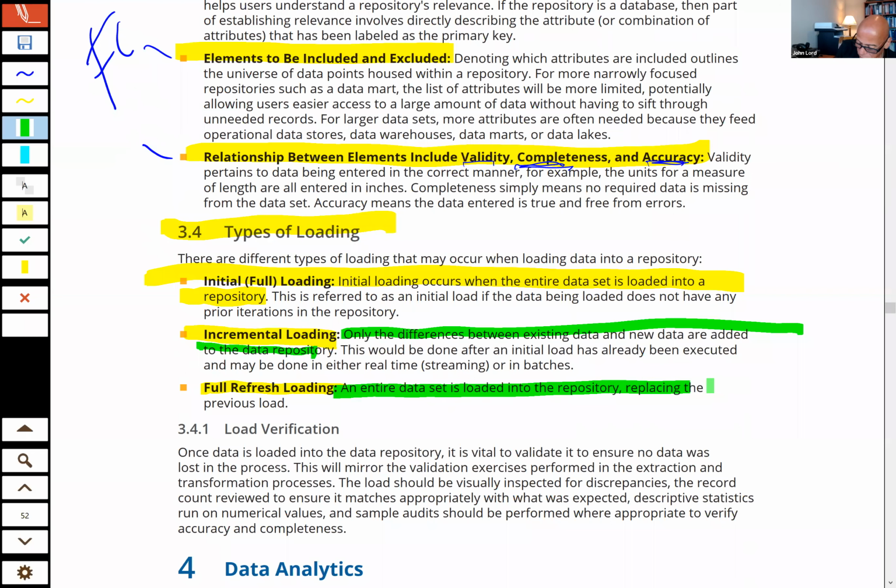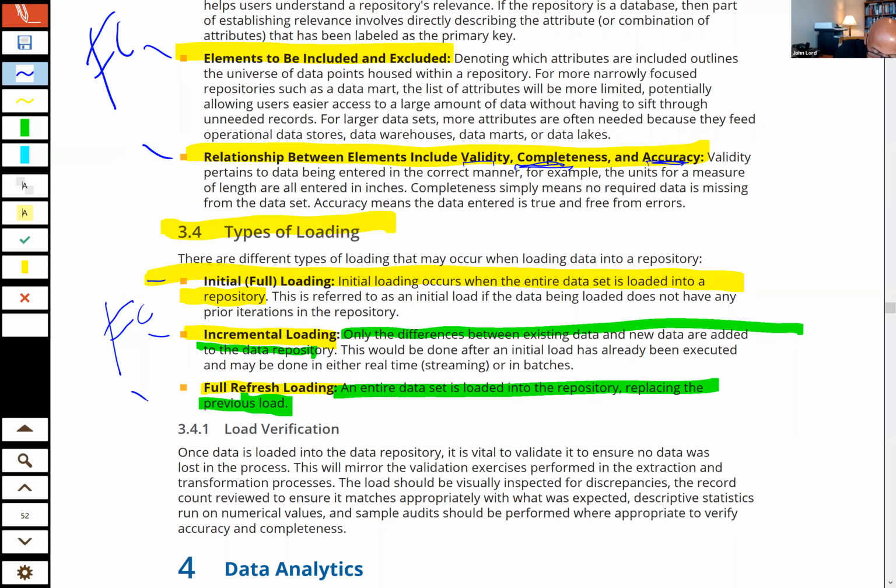Or as data changes, you could just go ahead and replace the previous full load. It really depends on how much effort is going to be involved in incremental loading versus fresh. If the effort in a full refresh is not that cumbersome, then I would think that's what you would do, because there's no chance of losing data in the incremental loading process.